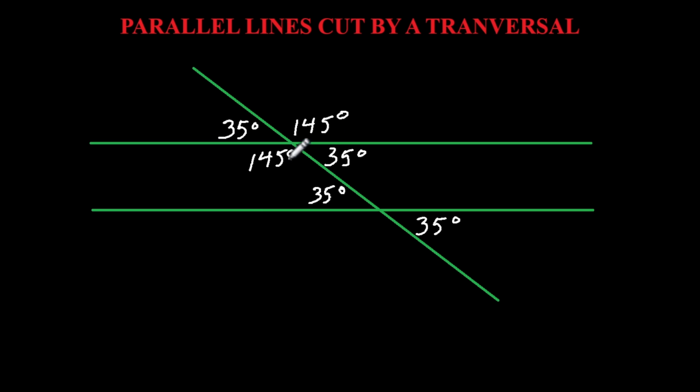But I could have found this by this being a supplementary angle here, where the 145 degrees plus 35 degrees adds up to 180. These angles, this one here and this one here, are equal, so this is also 145 degrees. And these are vertical angles, these two across here, so this is also 145 degrees.